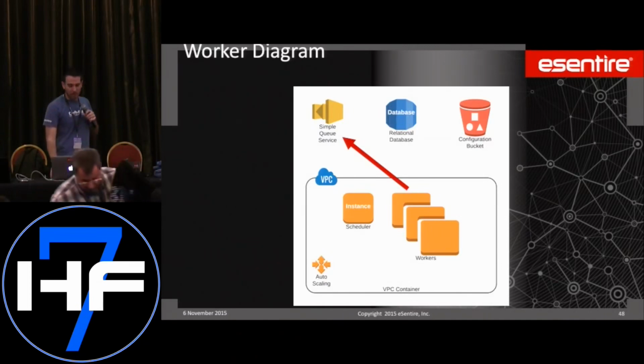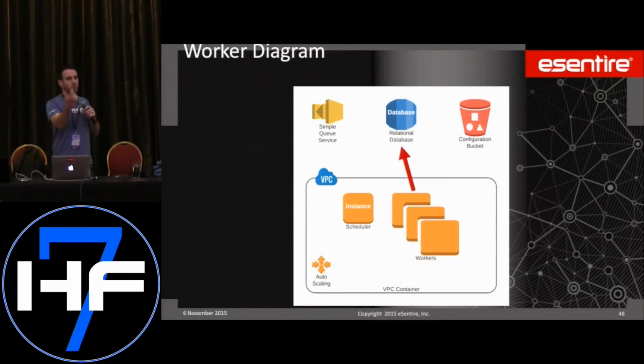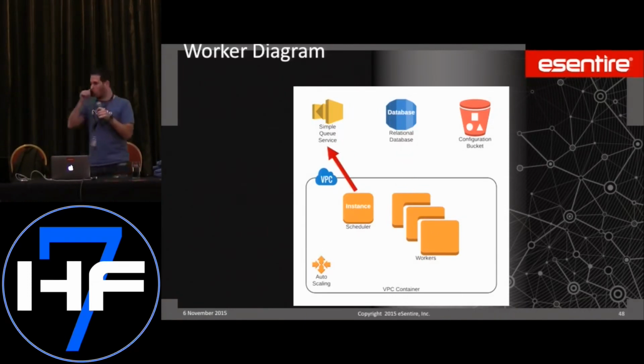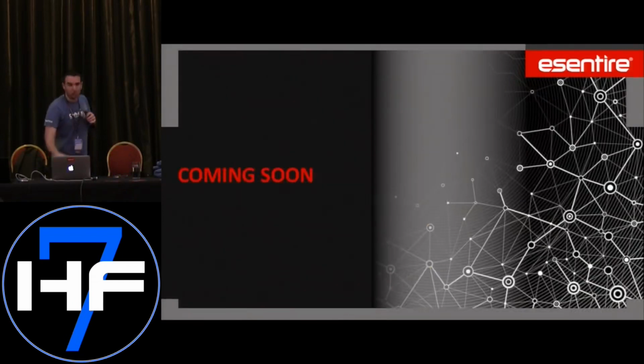So it'll pull the most recent job from the queue, do the processing, save the results to the database, and essentially connect back to the queue to pull the next job. So this is pretty much how the worker does all its fancy stuff. Very easy, but also because we broke down all these components, it's highly scalable.